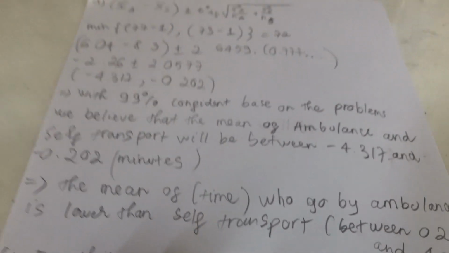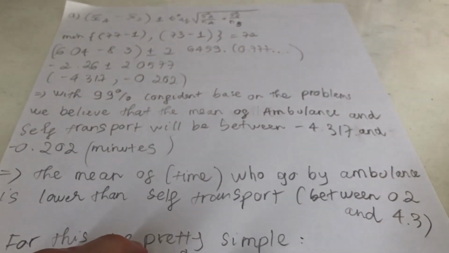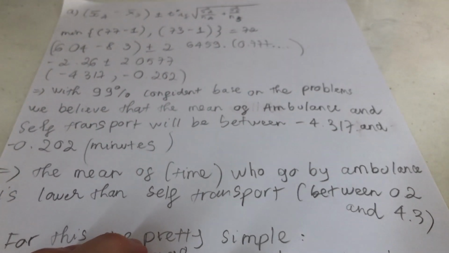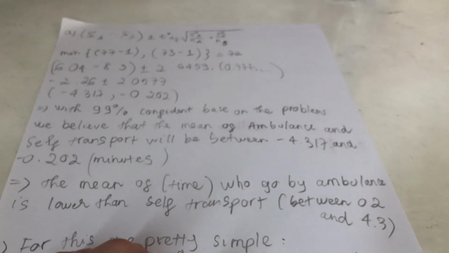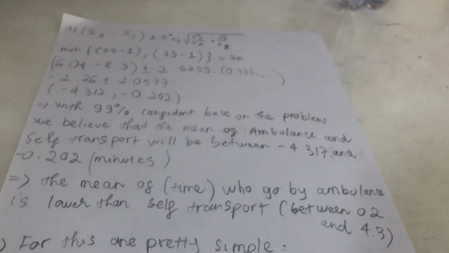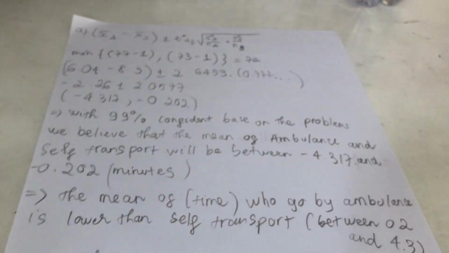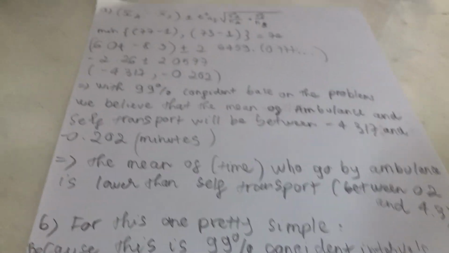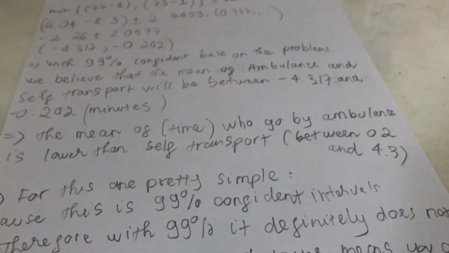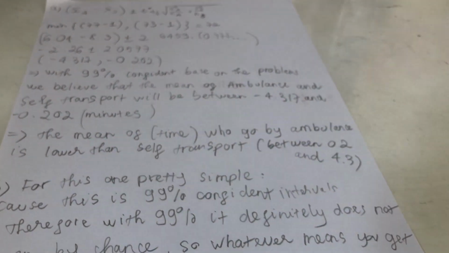So my conclusion for A is that the difference between the means of the ambulance and the self-transport will be between minus 4.317 and minus 0.202. The unit would be minutes.